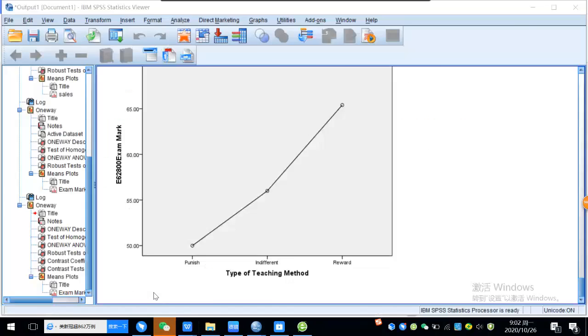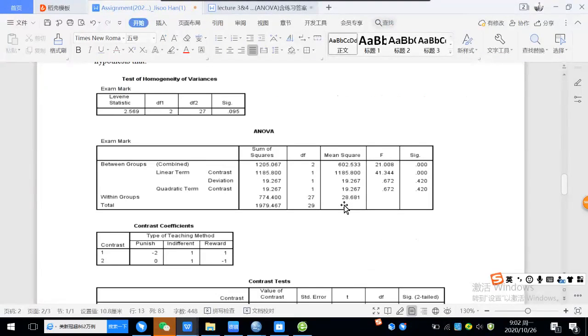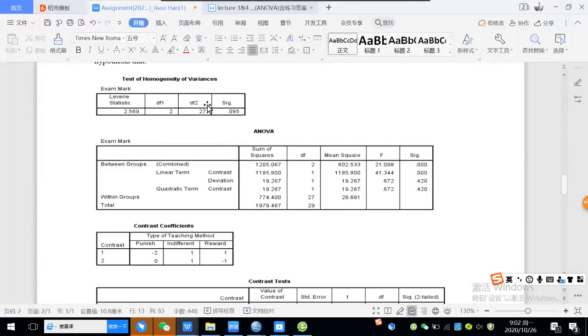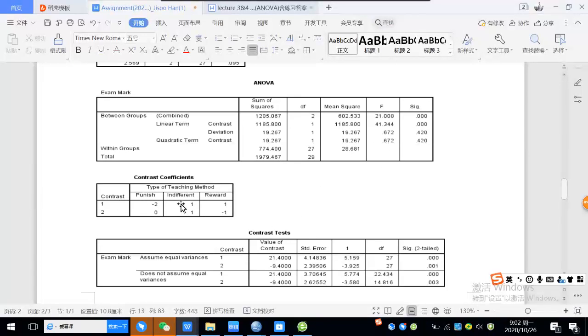Okay, let's look at Jinser's answer. The first is correct. But the contrast coefficient here is not correct. Why? Because punish is minus 2, indifferent 1, reward 1. Then you are testing other hypotheses.